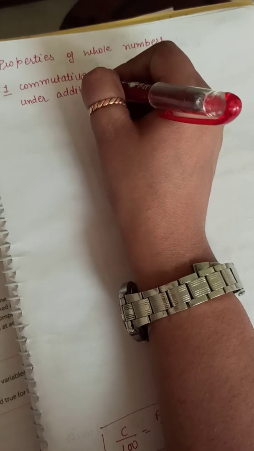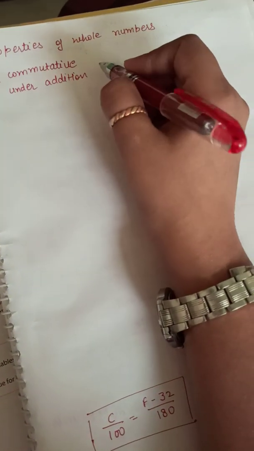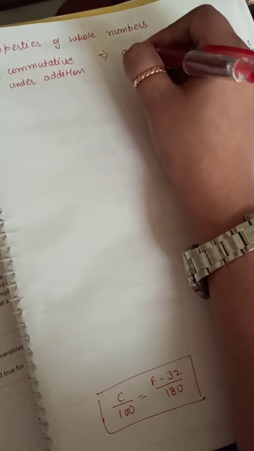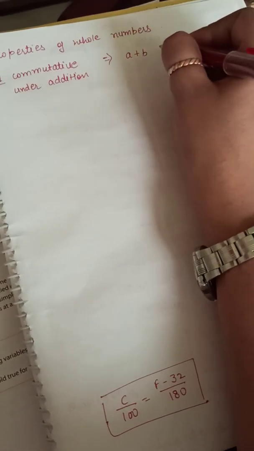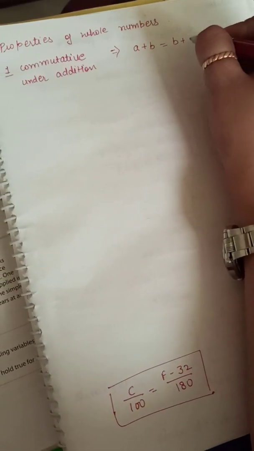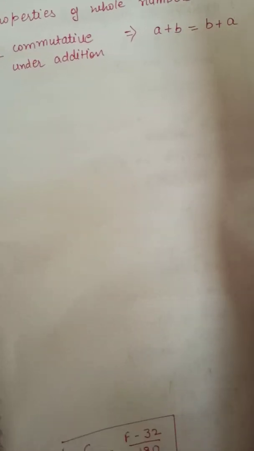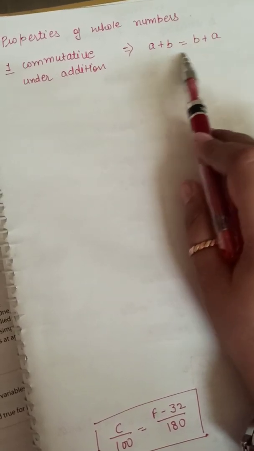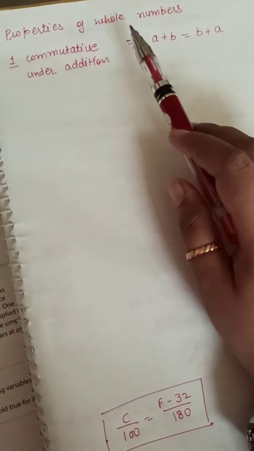Now in this property, what do you mean by this? Commutative property means when you change the order of the numbers, then the sum will remain the same.